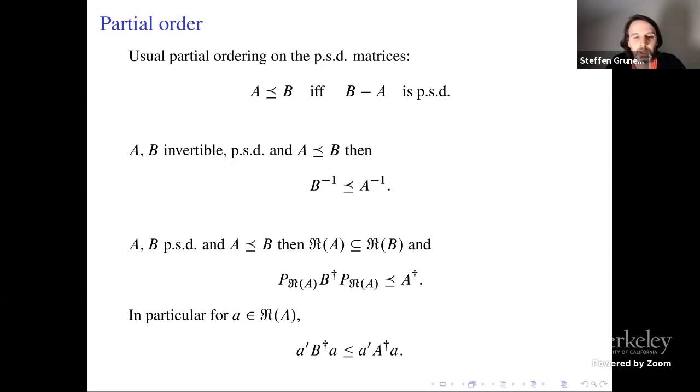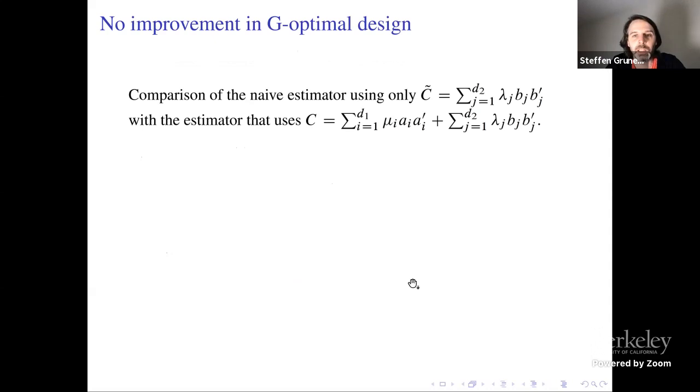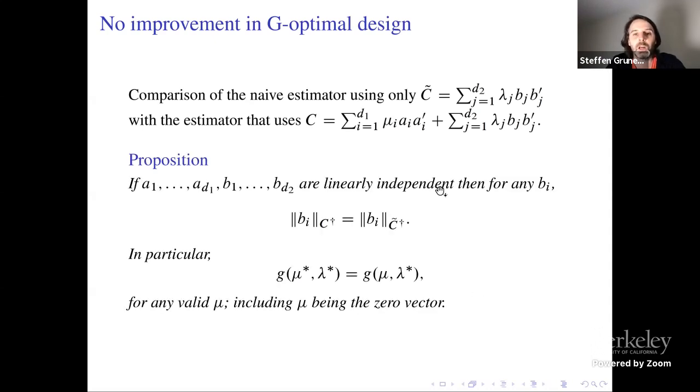So these are quite useful simple results which allow me to prove my first proposition here. I'm comparing the estimator which uses samples from both epochs, which corresponds here to the covariance matrix given here, the one I've shown earlier, a weighted linear combination of the outer products of A_i and B_j, versus the estimator which totally forgets about the samples in epoch 1 and uses this covariance matrix.